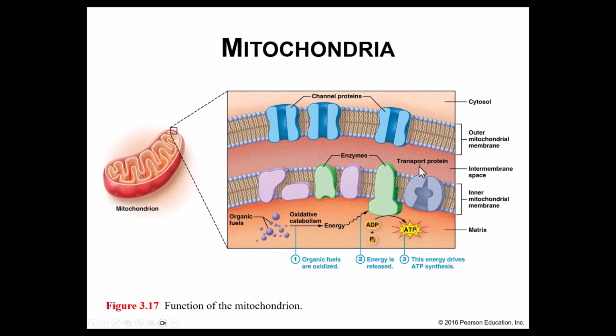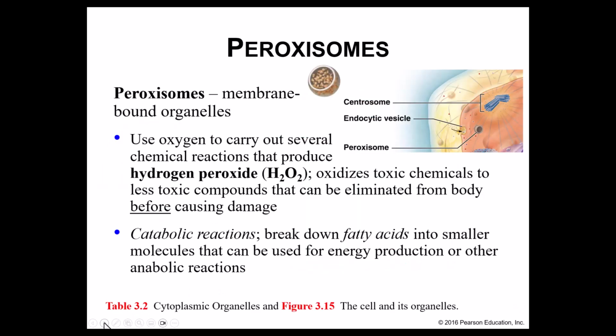Look back in the previous part of chapter 3 to see all the roles that proteins play in our cells. As mentioned before, our peroxisomes are a vesicular organelle in the cell used to carry out detoxification. It helps to oxidize toxic chemicals that are waste products of our metabolic processes before they can actually damage our cells. You have catabolic reactions.